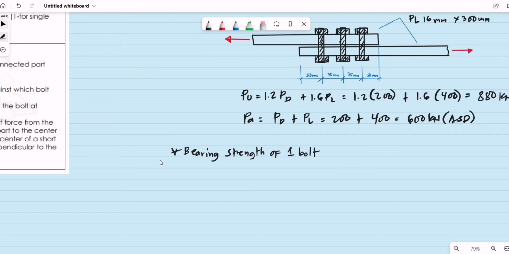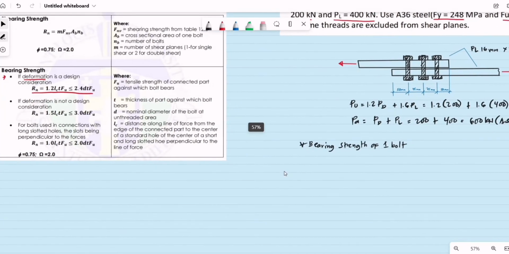Okay, so for the bearing strength of one bolt, again, we are using the first condition.